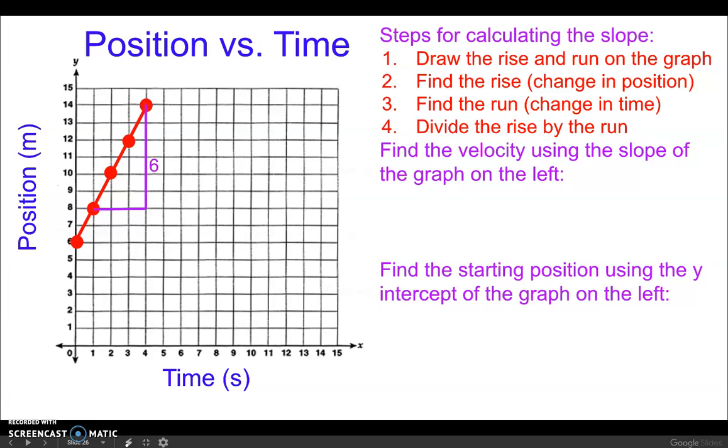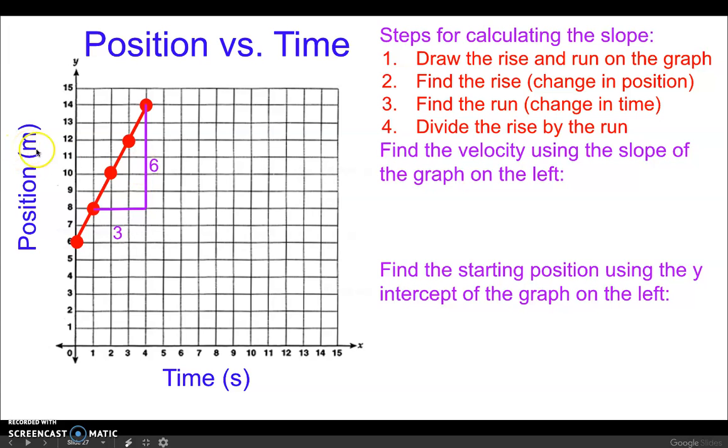Next, we're going to find the run, the change in time. Well, we're going from 1 to 4. 4 minus 1 is 3. Okay? And so then we're going to add units. 6 meters.